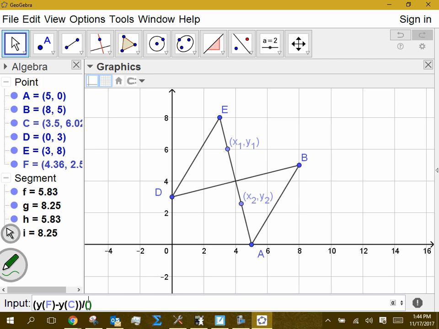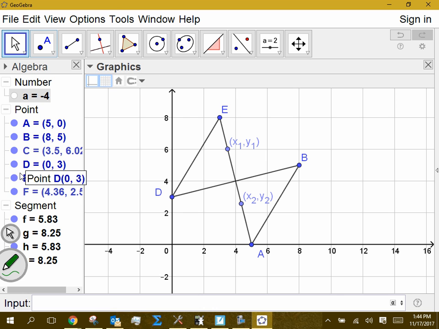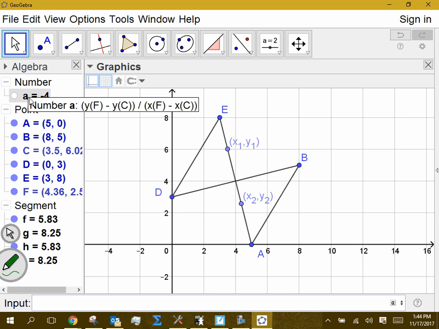I'm then going to do the same thing for the x's. So it's going to be the x of F minus the x from C. And hit enter. And it gives me this number right here. But that number is simply y2 minus y1 over x2 minus x1.